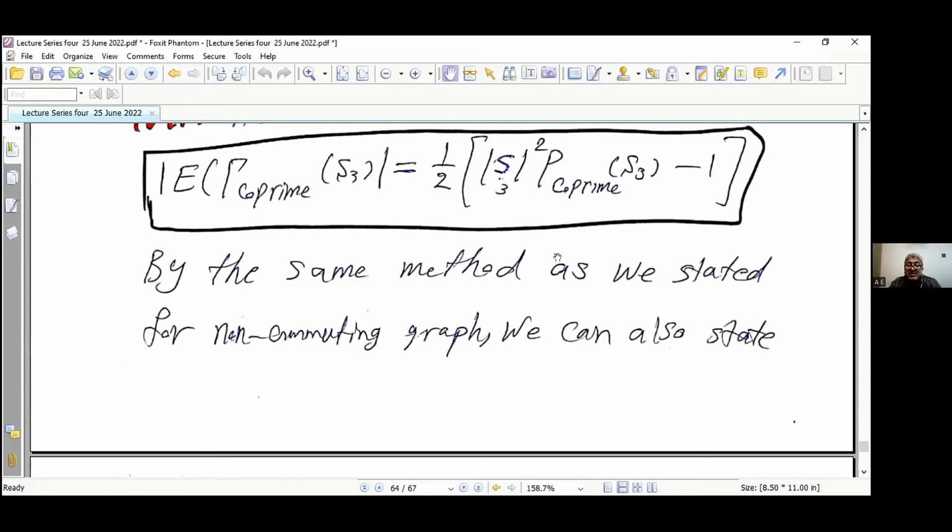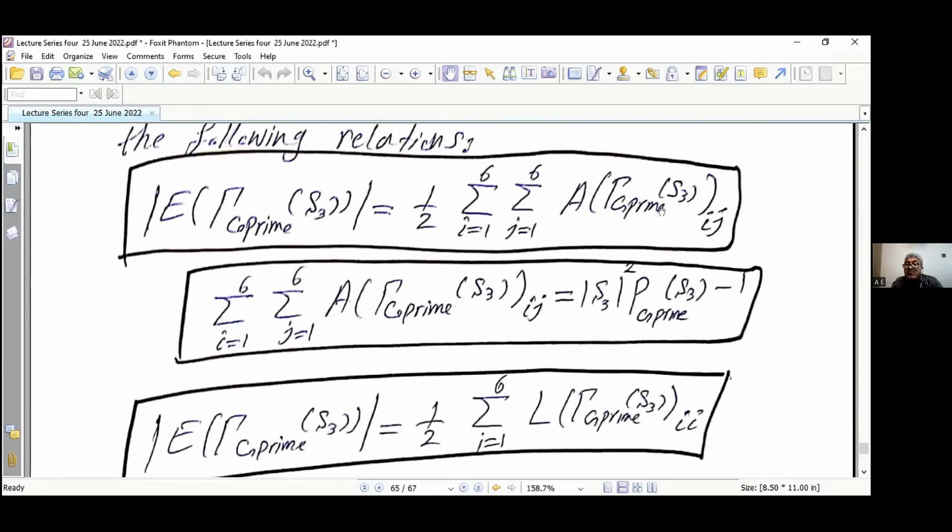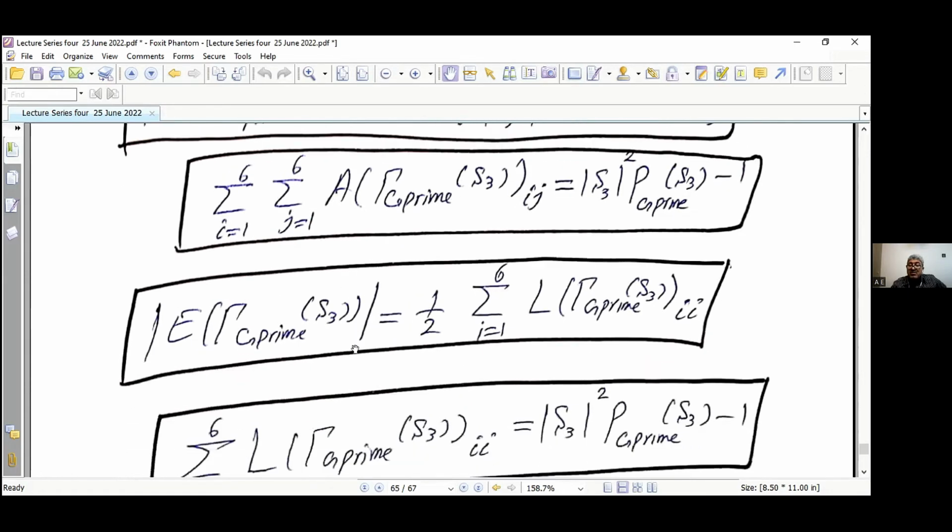So this is the relation between the number of edges and the sum of all entries in the adjacency matrix. By this equation, we can get this formula: the sum of all entries in the adjacency matrix is the order of S3 squared times the co-prime degree minus 1, right?